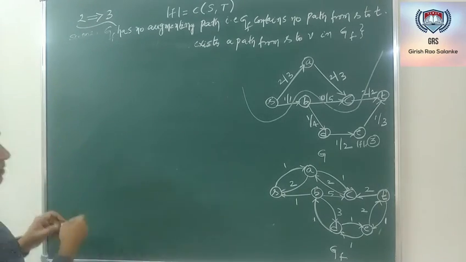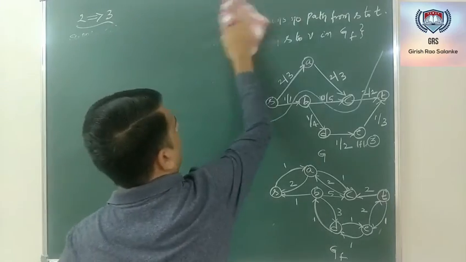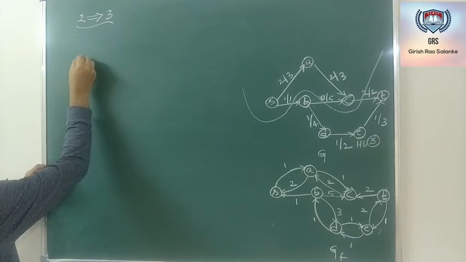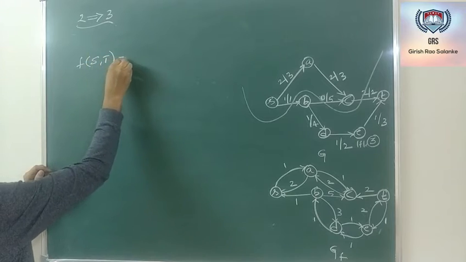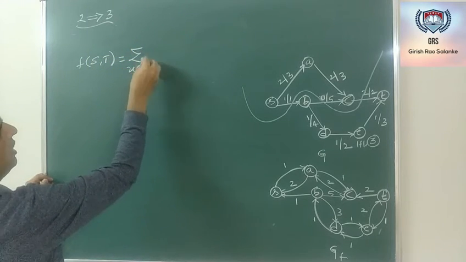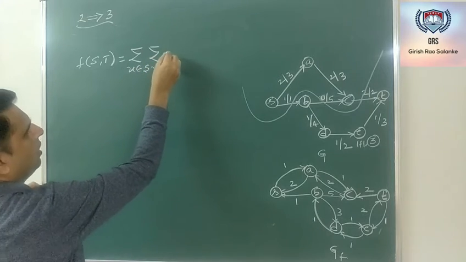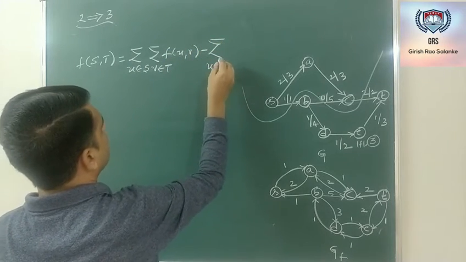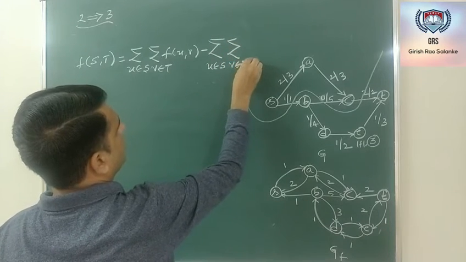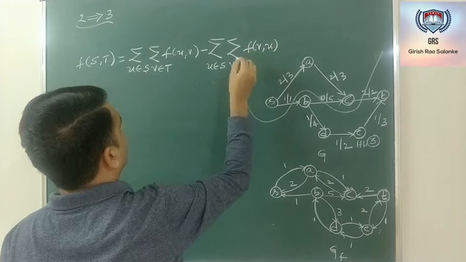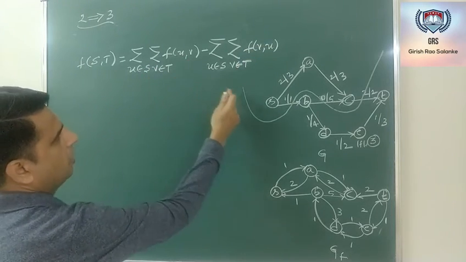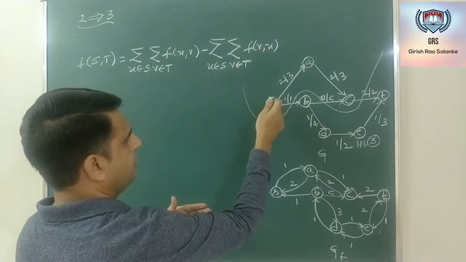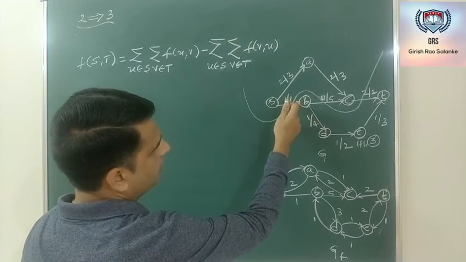Now we have defined that the net flow on the ST cut is equal to the summation of U belongs to S, summation of V belongs to T of F of U comma V, minus the summation of U belongs to S and summation of V belongs to T of F of V comma U. If you take this sample network, wherever there is an edge from a vertex in set S to a vertex in set T, the flow is nothing but the capacity.